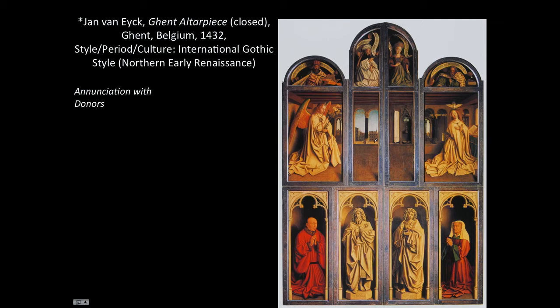But again, they're just not interested in the realism that the Italians were interested in. They want to take the story, but they want to put it in their own setting and with their own context and in their own costumes. Okay, so that's another aspect of the International Gothic style.